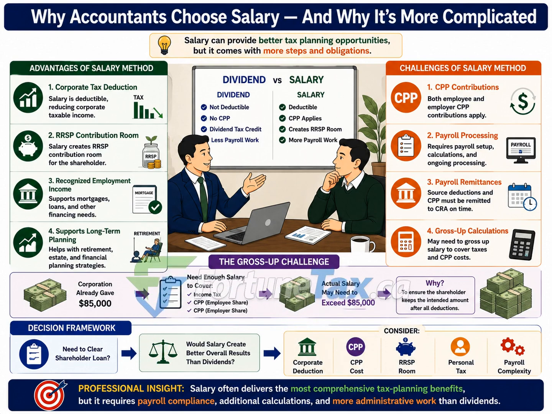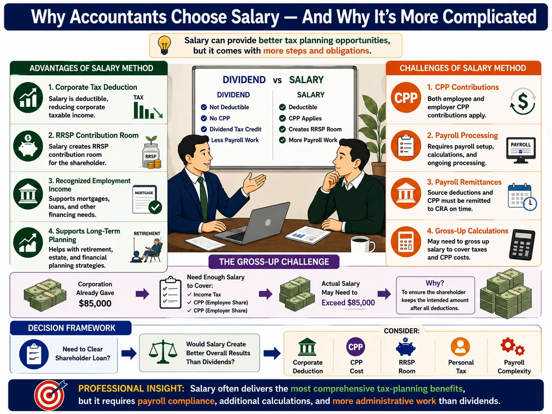As a result, the actual salary required may need to exceed $85,000 so that, after deductions, the shareholder ends up with the intended net amount. This often requires careful calculations and planning by the accountant. That is why salary is usually considered more complicated than dividends.